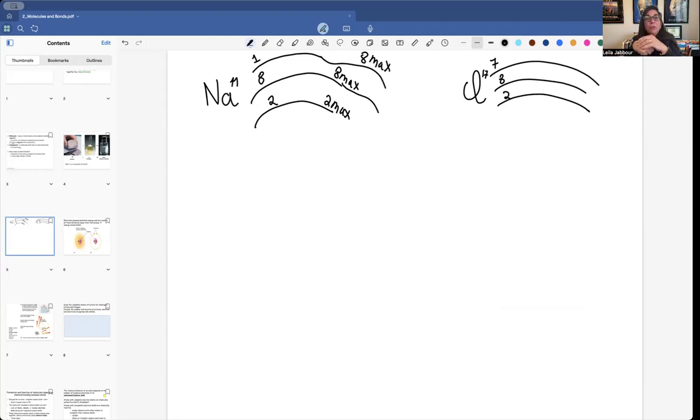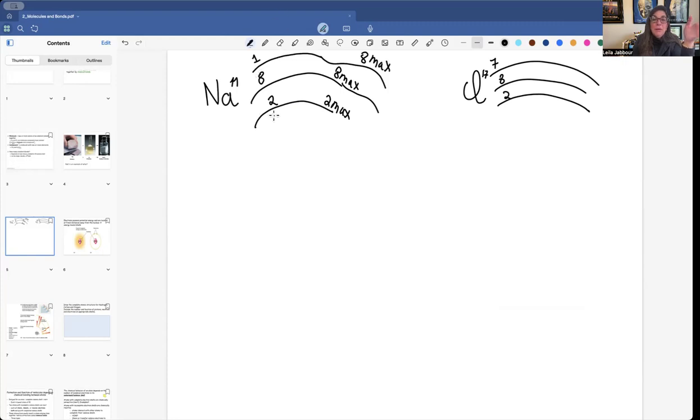All right, and then we also learned in the previous chapter that atoms will want to have a full valence shell to get to stability. And the valence shell is whichever the last shell with electrons flying in it. So in this case, the valence shell is that third shell with the one lonely electron over here.